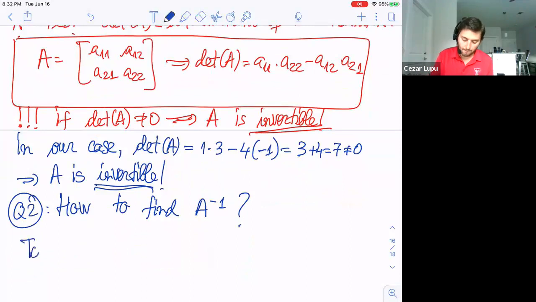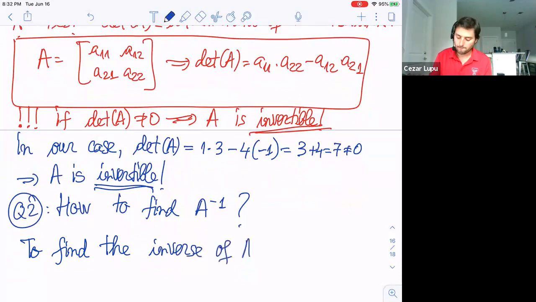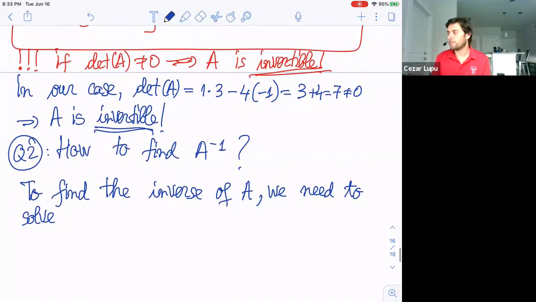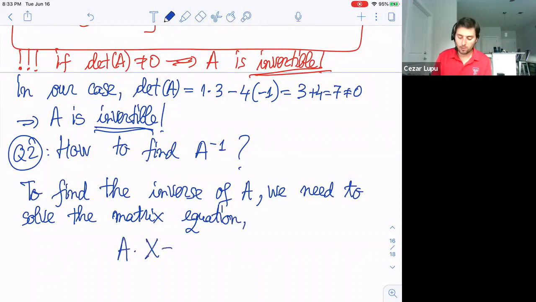To find the inverse of A, we need to solve the following matrix equation. The matrix equation is AX equals the identity, for X. And we need to solve this for X.